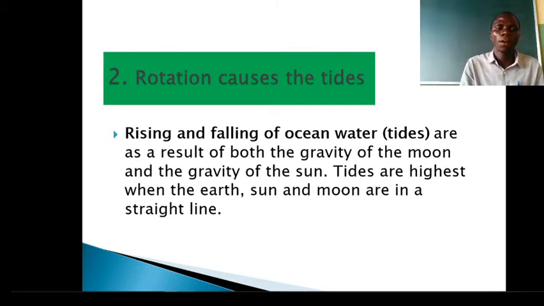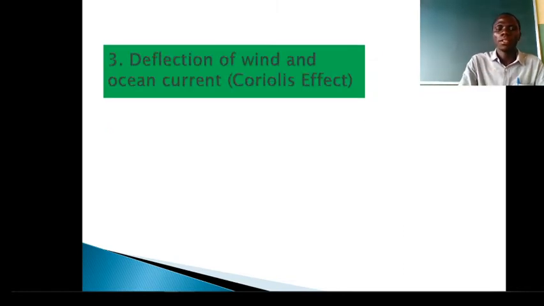This is how the part of the earth exposed to sun and the moon, the waters located there will rise the level or will increase in terms of level, while when ocean water is not exposed to sun and moon, the level will decrease.